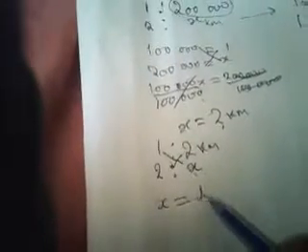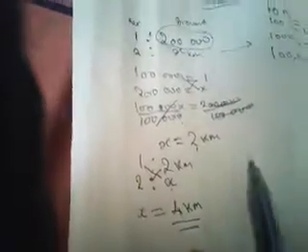So here you just cross multiply as I have indicated. So x times 1, you're going to have x, which is equal to 2 times 2, you're going to have 4 kilometers. So 4 kilometers is the length of the road, which measures 2 centimeters on the map.